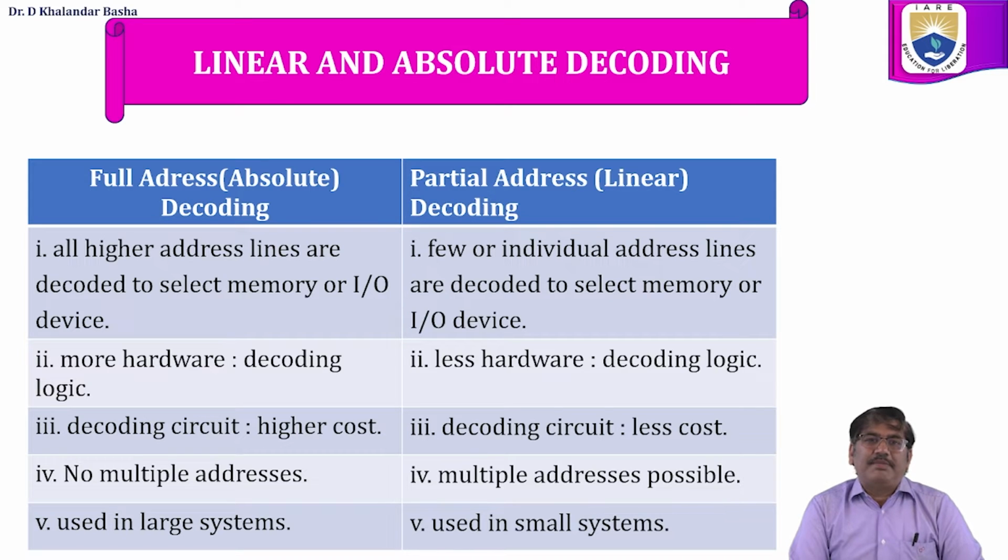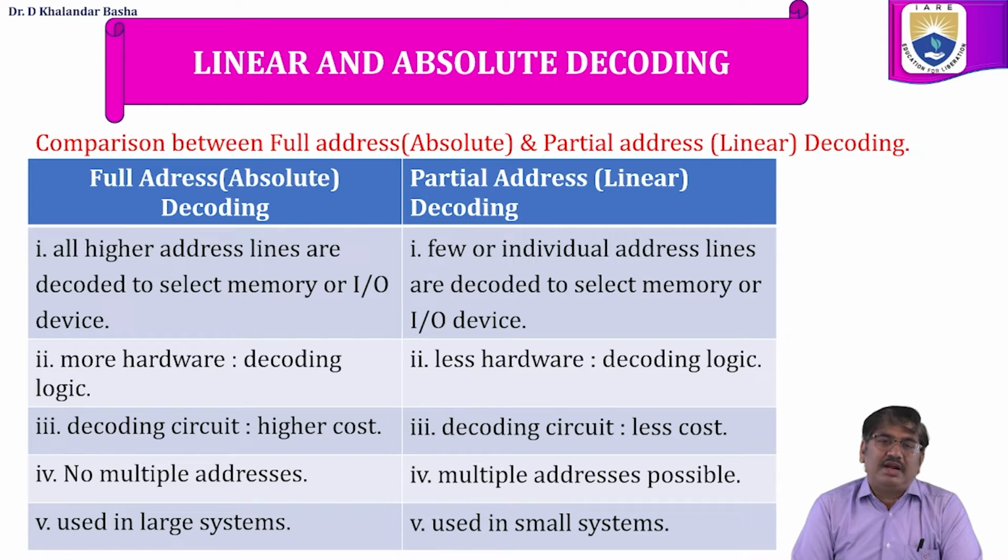Now we will see the comparison between the full address and partial address, which is nothing but absolute decoding and linear decoding. In absolute decoding, all the higher order address lines which are not used for accessing the memory are used for decoding to select the memory or IO device. Whereas in partial decoding, only a few individual address lines are decoded to select memory or IO device.